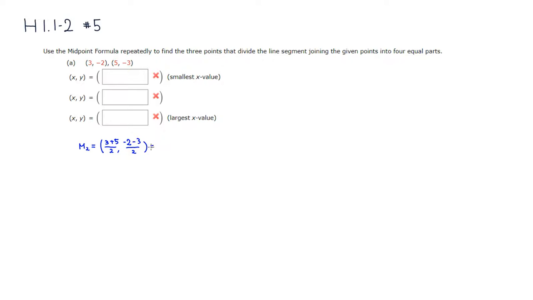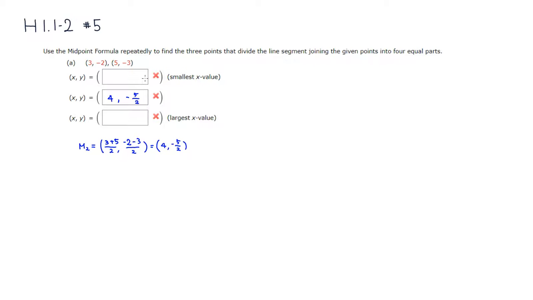So this is going to give us 3 plus 5 is 8, over 2 is 4, and then negative 5 over 2, so negative 5 halves. This is the midpoint, so I'm going to put it right in the middle. It's 4, comma, negative 5 over 2.